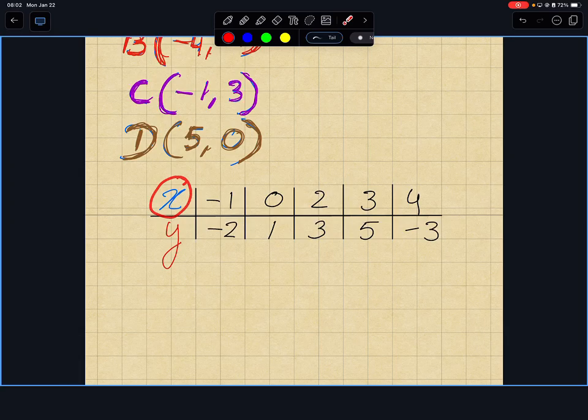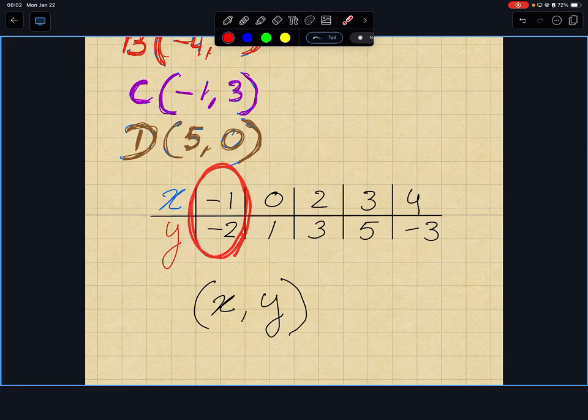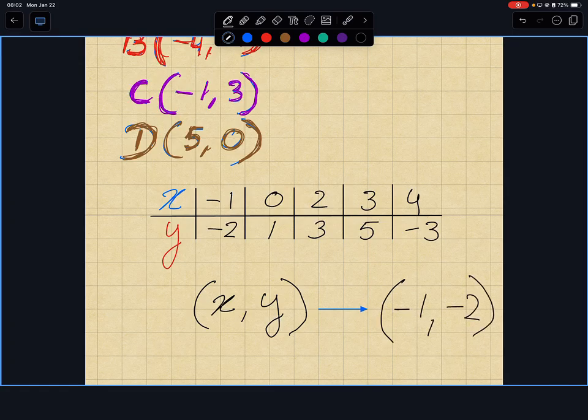If the top one is X and the bottom one is Y, and a coordinate is given as X and Y, looking at this specific value or values, you would conclude to the first coordinate being -1, -2. That would be the first coordinate.